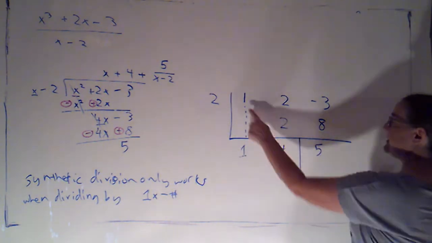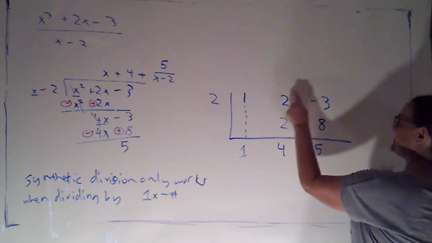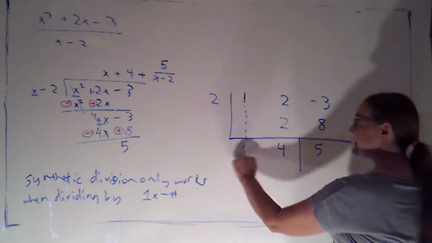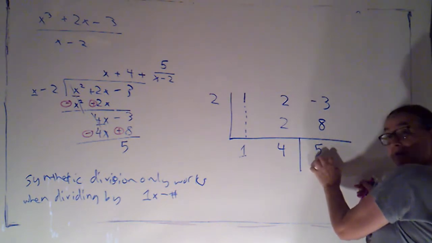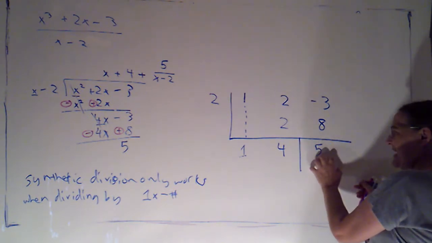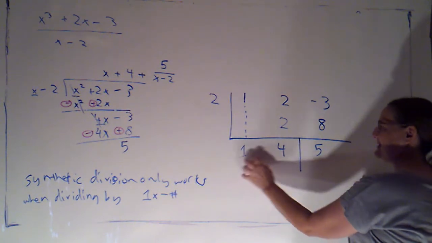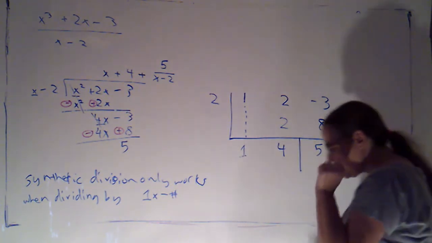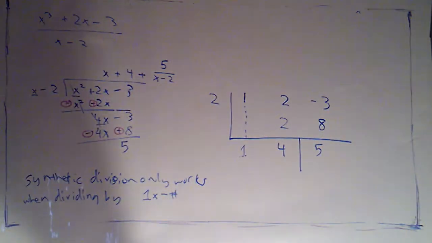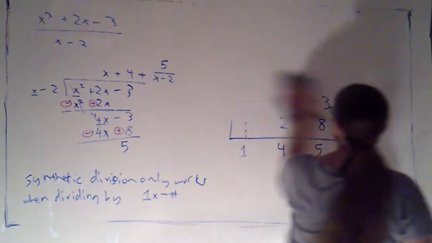And so this is a code for constants, x's, x squareds. This is a code for my answer. I just have to remember that this first digit, the one farthest to the right, is the remainder. So this is constants and x's. Pretty cool. Let's try another problem using synthetic division.